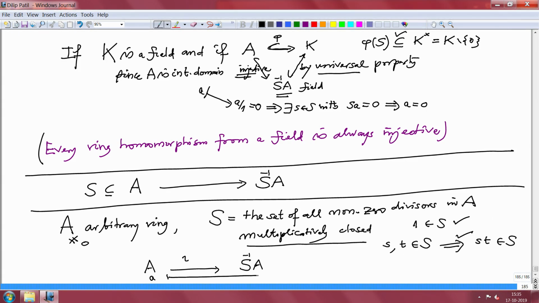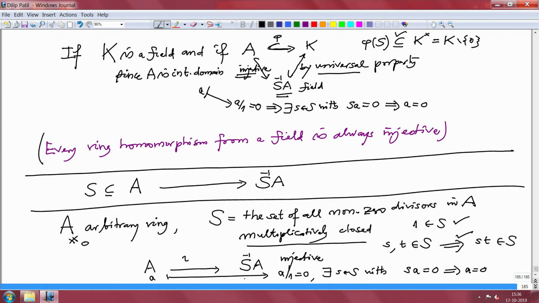A goes to A by 1, and A by 1 is 0 means there exists S in S with S times A is 0, but this S is a non-zero divisor. So that implies A is 0. So we have checked this iota map is injective, and this is the maximum possibility.